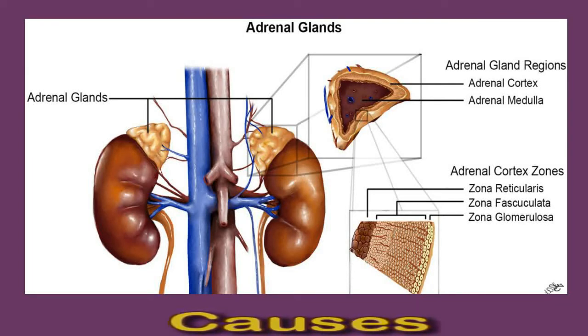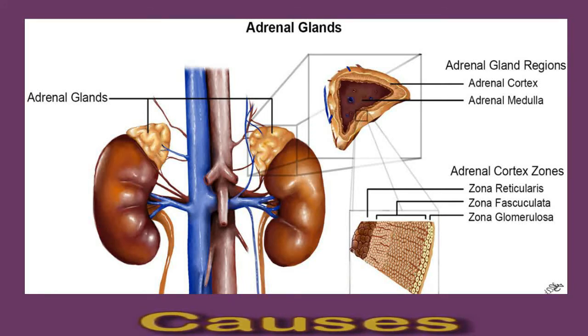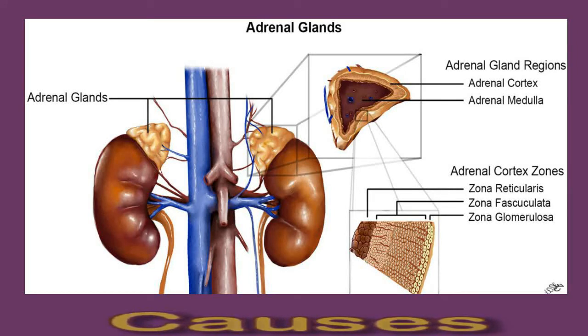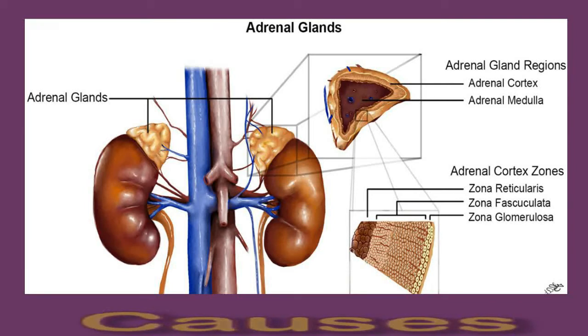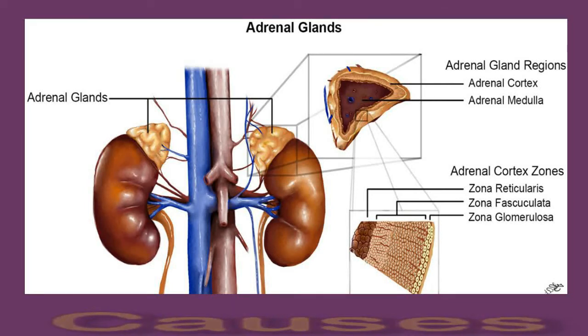This is because corticosteroids increase cortisol in the body. Long-term use causes the hypothalamus to make less CRH. After stopping corticosteroid use, the hypothalamus needs time to start producing enough CRH again.